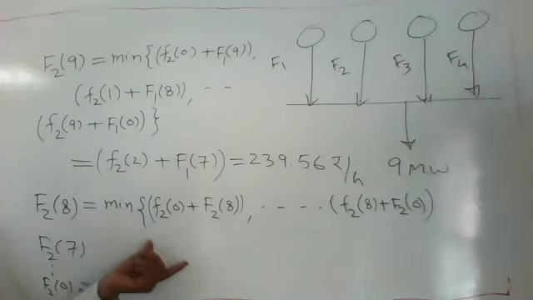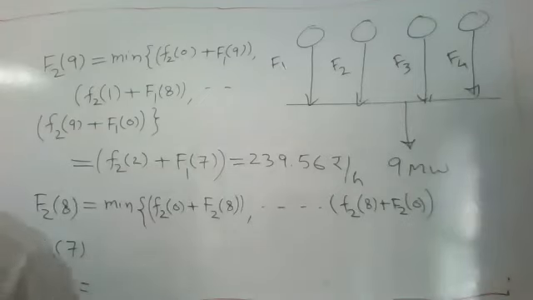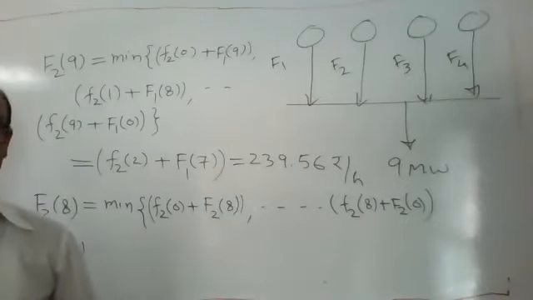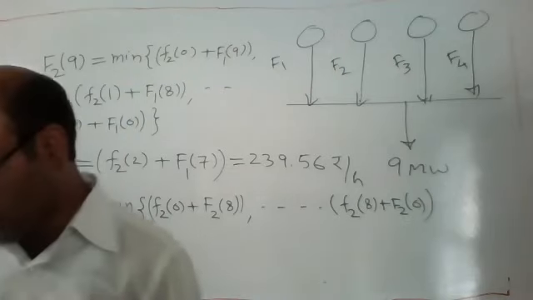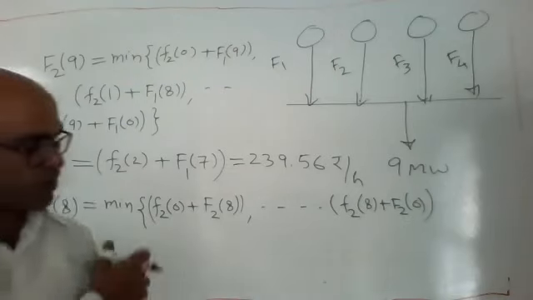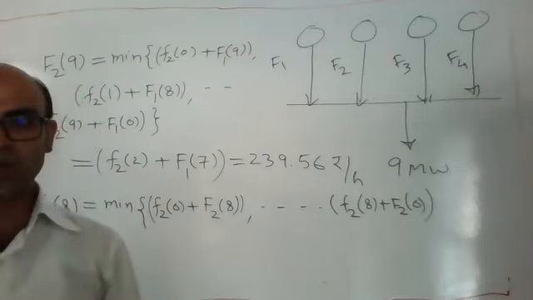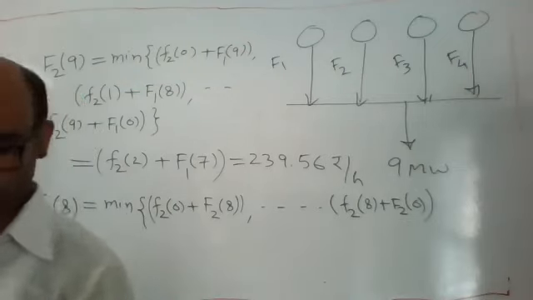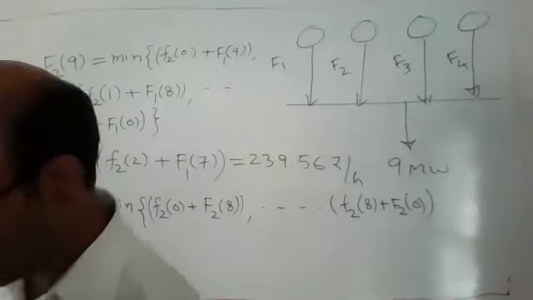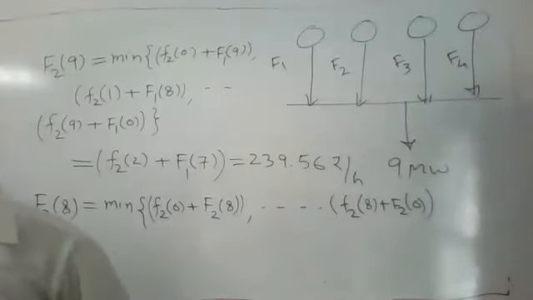In that way we have to optimize the operation of generating units. So in that way we have to solve the problems of power system using dynamic programming, by using a recursive formula.